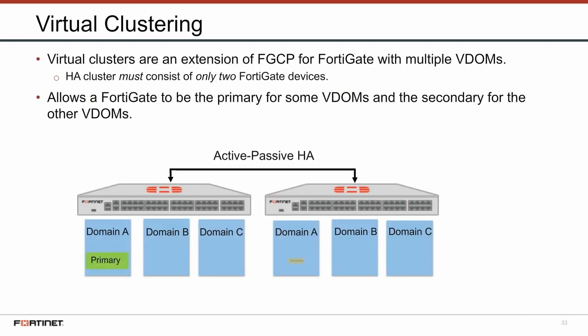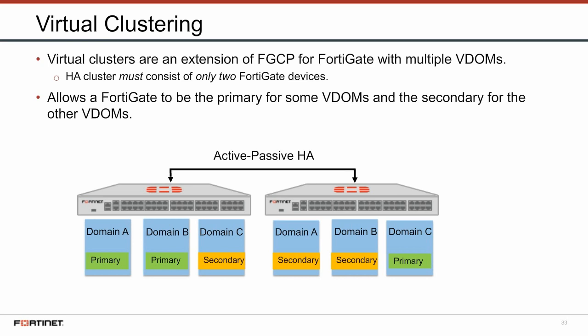So far, we've discussed HA clustering, where each FortiGate device acts as a whole security domain. But if you have an HA cluster with multiple VDOMs, you can configure virtual clusters. Virtual clusters allow you to have one device acting as the primary for one VDOM and as the secondary for a different VDOM. Each VDOM has a primary and a secondary FortiGate, and any device can act as the primary for some VDOMs and as the secondary for the other VDOMs at the same time.